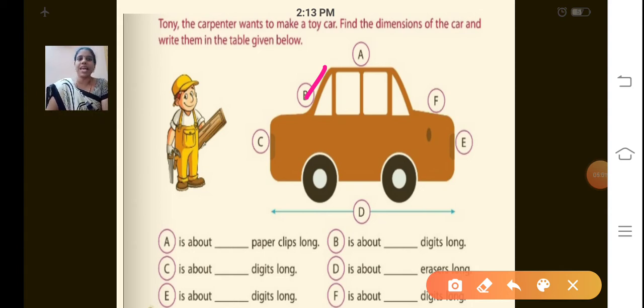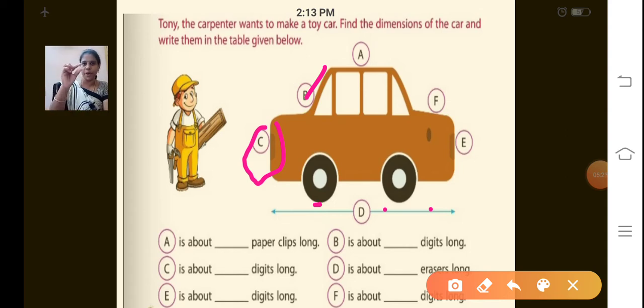And C is about dash digits long. Same way, keep your index finger like this, so that you can find out the length of C. Then D. D is about dash erasers long. Do you have erasers with you? Yes. So keep one eraser, 2. I think it will occupy 3 erasers long.